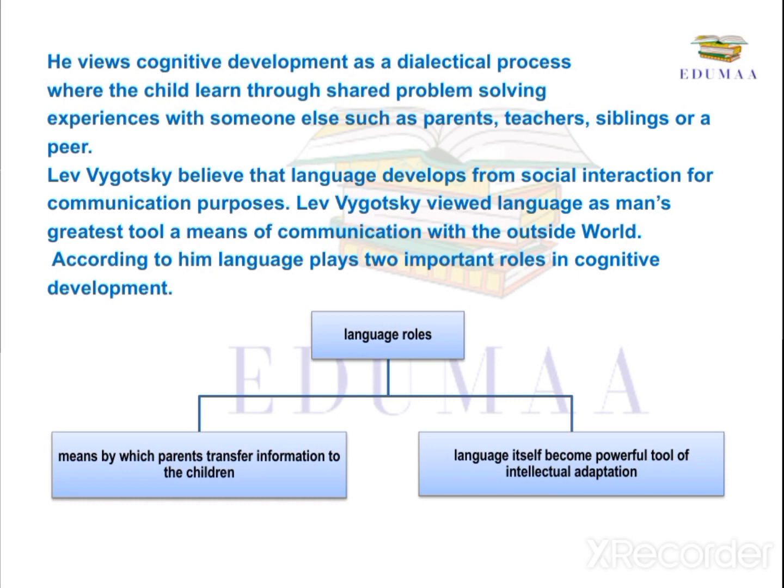According to him, language plays two important roles in cognitive development. Here you can see the diagram of language roles. First is the means by which parents transfer information to the children, and second is that language itself becomes a powerful tool of intellectual adaptation.